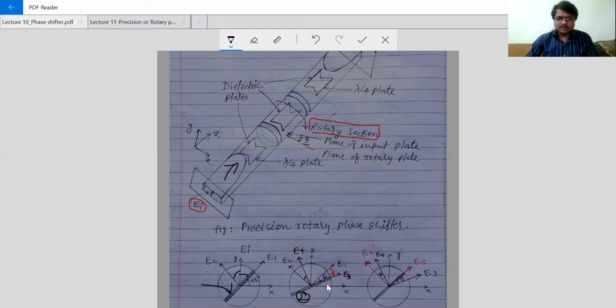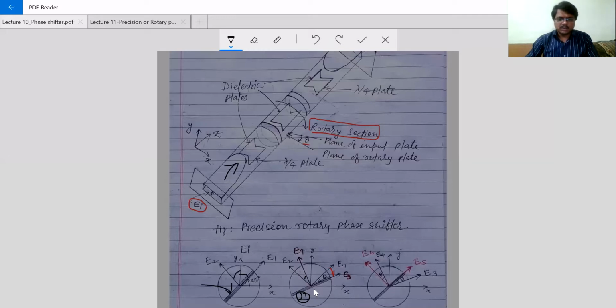So E3 will be equal to E1 cos theta minus this component, which is projected in the direction opposite to E3, and that is E2 sin theta. So the value of E3 will be E1 cos theta minus E2 sin theta.